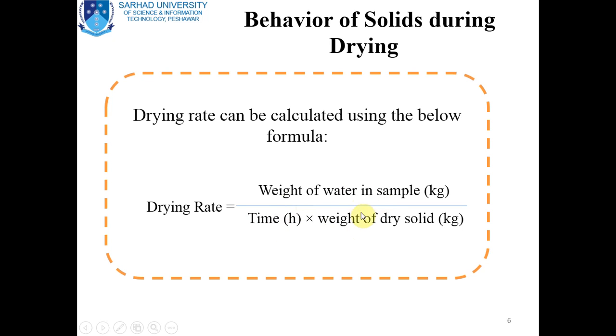By the difference between the two, the wet and the dry sample, we can calculate the weight of the water in the particular solvent, as well as the final weight, that is the weight of the dried solid, and the time noted from the initial wet weight until the wet solid is dried by the process of drying.